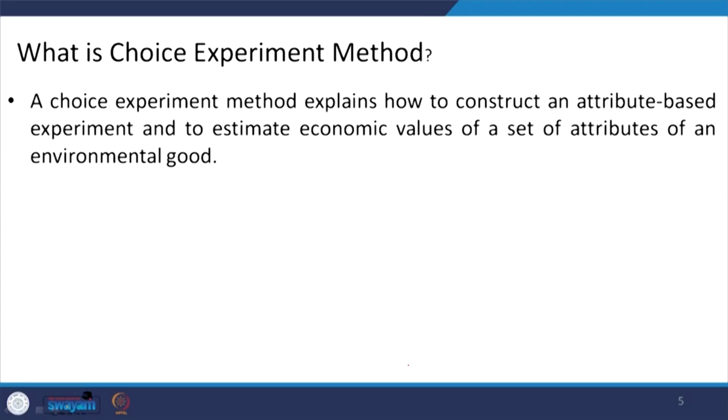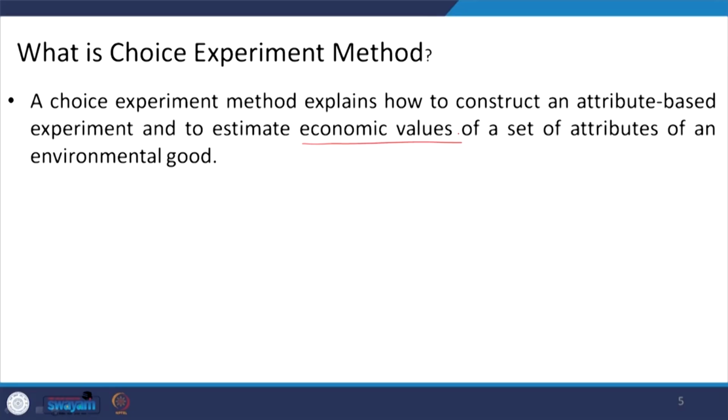Whenever we are conducting choice experiment exercises, we are actually doing an experiment by taking into account different attributes of a particular good, commodity, or environmental service in question that is under the consideration of the policy. This choice experiment helps us construct an attribute-based experiment and estimate the economic values of a set of attributes of a particular environmental good or service in question.